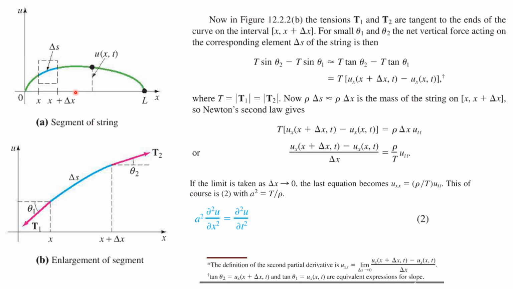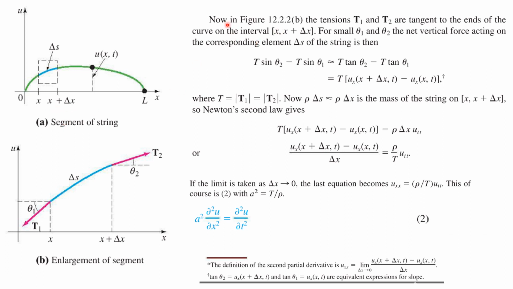So this is the u-axis, this is the x-axis, and u of x,t is the displacement perpendicular to the x-axis of that point. And we're going to be focusing on a little element over here called delta s, where s is this blue part right here, and that is the curved part of the string, and we're going from x to x plus delta x.